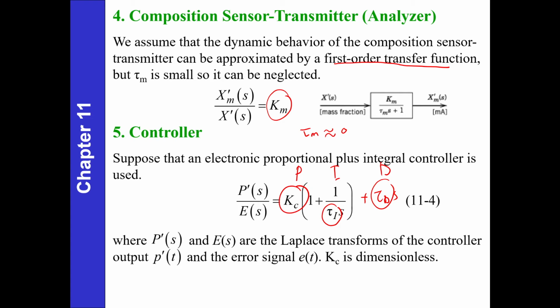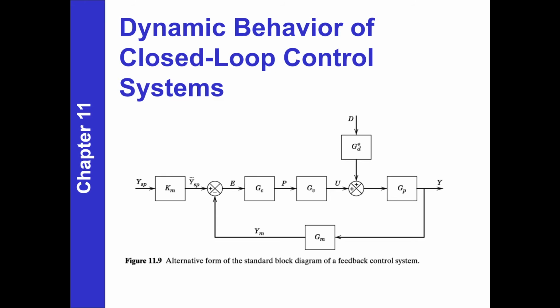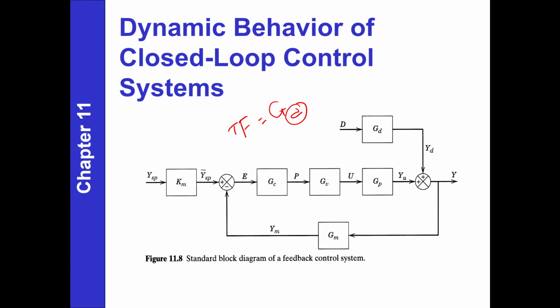Each of these components in this block diagram has its own transfer function. The controller's is KC times 1 plus 1 over tau I S plus tau D S. If it is PID, it depends on which mode we're going to use.